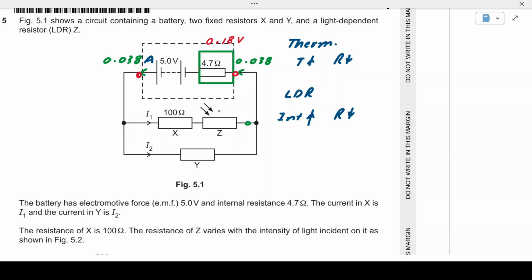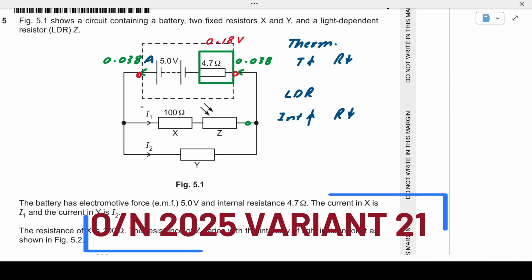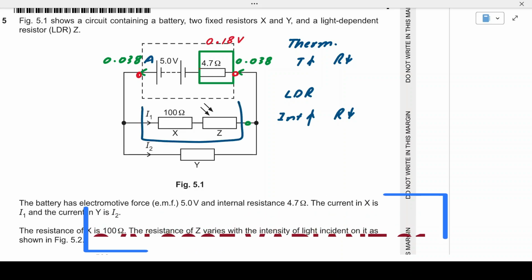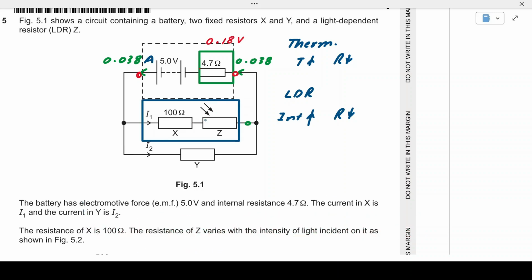Let's find out. So in order to find current through this one, through both of them, because they are connected in series, they must be having same current. I need the voltage across these two combined divided by the resistance of these two combined.